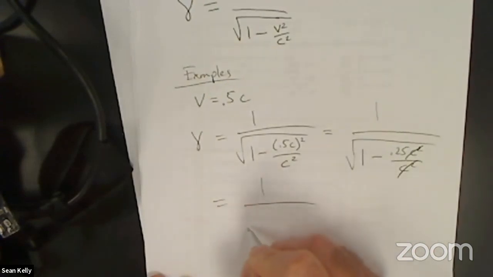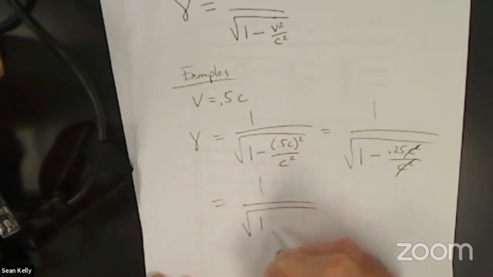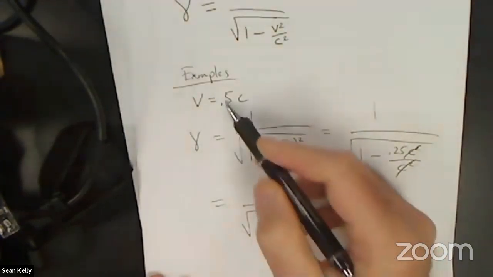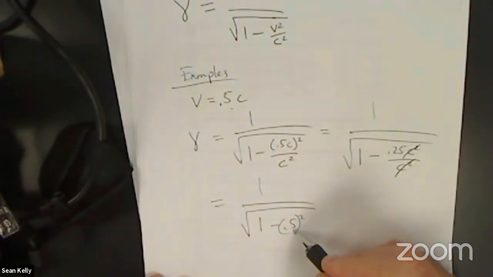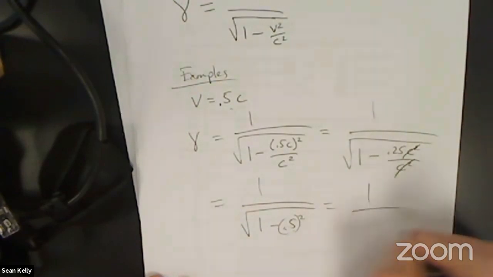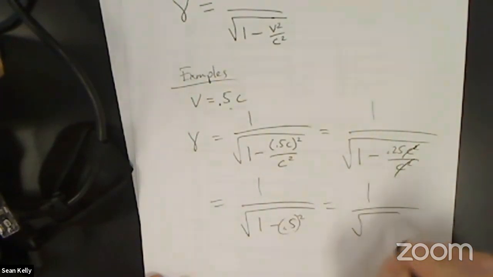We just get 1 over the square root of 1 minus 0.5 squared, right? Just so I can show you, this 0.5 here becomes a 0.5 squared inside of the parentheses here. Okay, so what is 1 minus 0.25? That is 1 over the square root of 0.75.